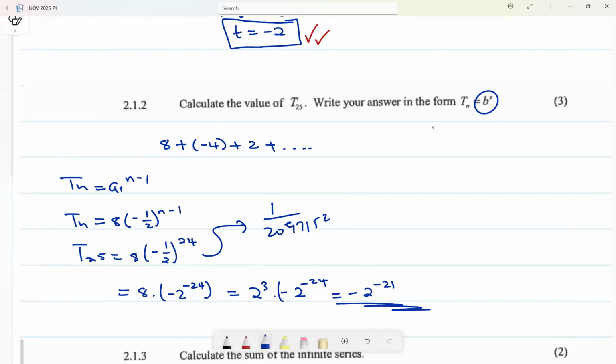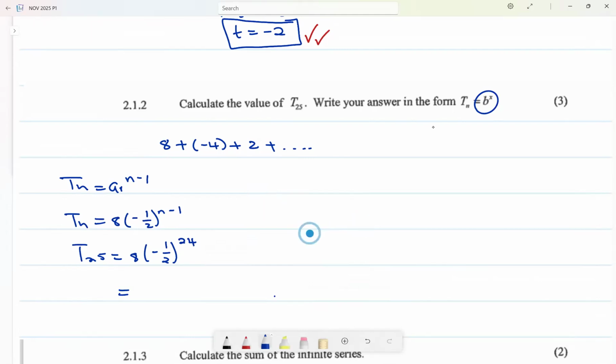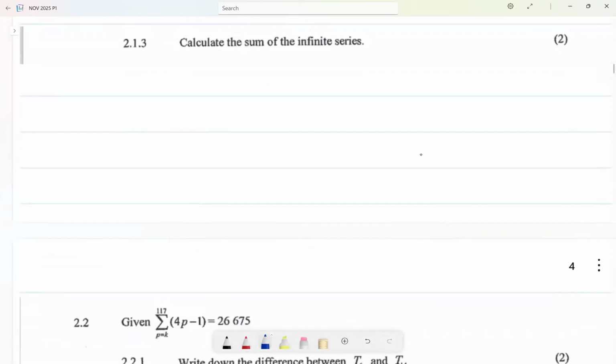Negative 2 to the power of negative 21, in this case, gives us a negative answer. Okay, I'll just leave it here. If there is any further simplification, then it's fine.